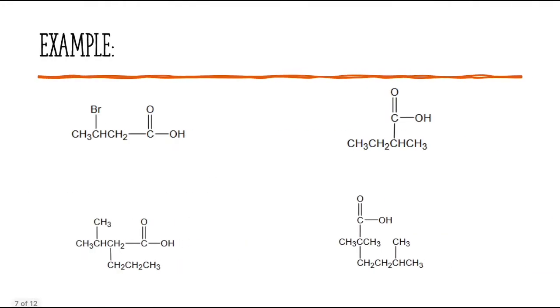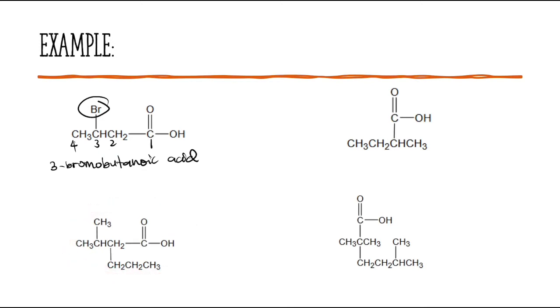So let's take a look at a few examples. How can we name the carboxylic acid compound? For this example, the carbon of the carboxyl group is numbered as 1. The longest continuous carbon chain is 4, and there is a substituent at carbon number 3. So the name for this compound is 3-bromobutanoic acid.